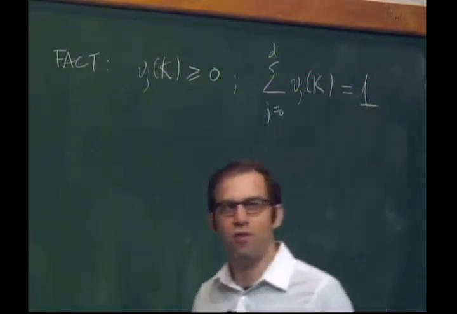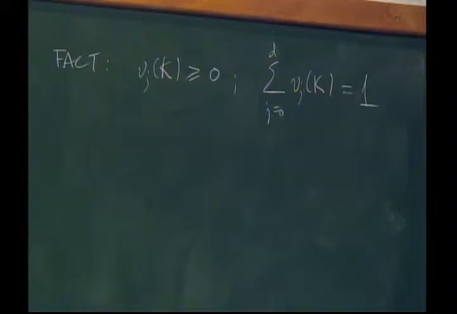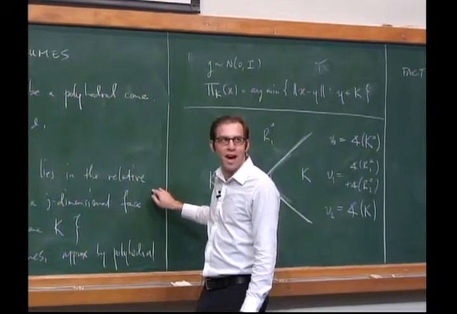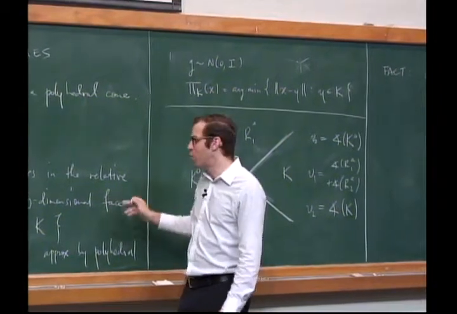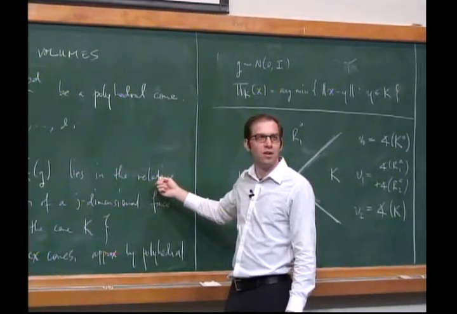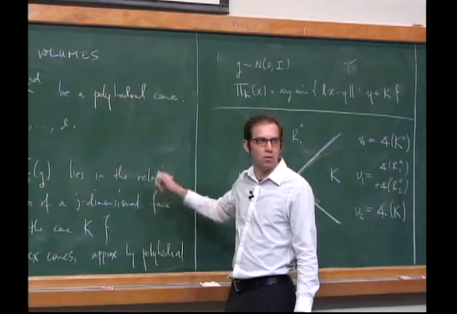And that's very, very clear from this definition because these are probabilities. Non-negative numbers that add up to 1. Because every point has to be closest to some relative interior of some face of the cone. Okay?